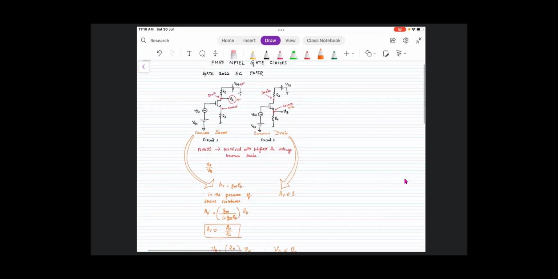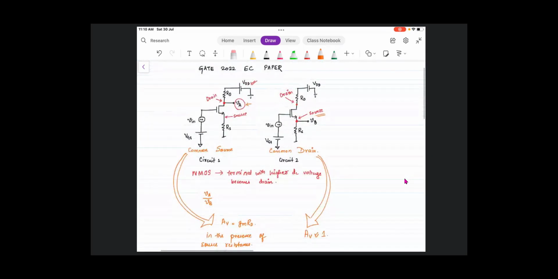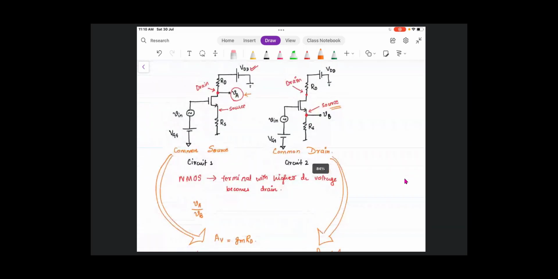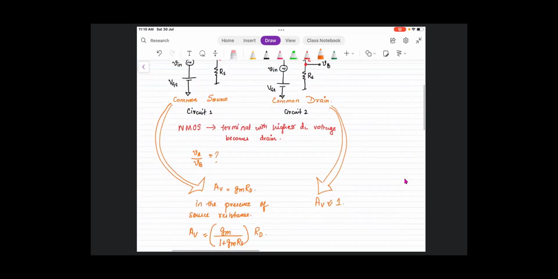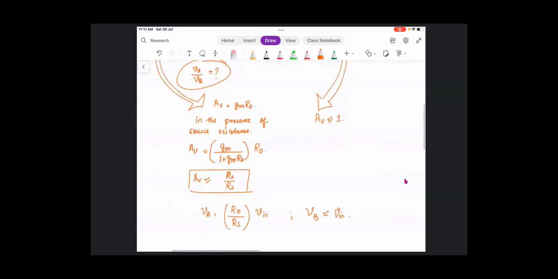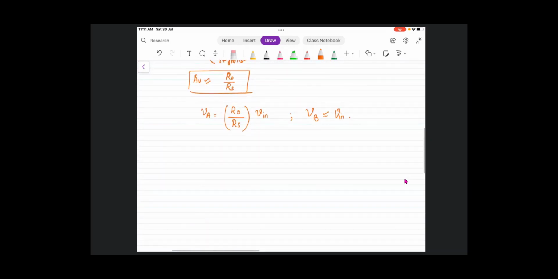These are the two circuits that I had drawn. Let me zoom a little bit more. We have to find VA by VB. For VA, it is common source, and VB is in common drain configuration, and from there you arrive here, and you can now see that VA by VB is nothing but RD by RS.